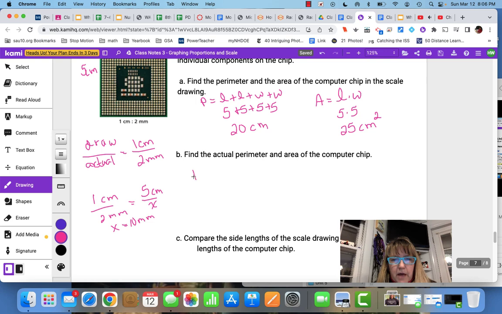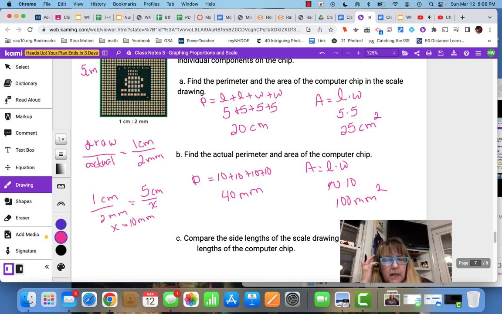So the perimeter of the actual is 10 plus 10 plus 10 plus 10, which would give me 40 millimeters. And the area is length times width, and that is 10 times 10, or 100 millimeters squared.